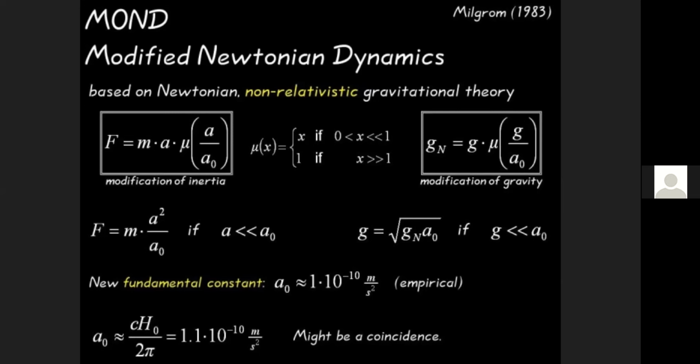So what modified Newtonian dynamics ended up suggesting was, instead of gravity being modified by big distances, instead it ends up being modified when the gravitational field gets very, very low strength. So they're saying that when the gravitational field is very, very weak, it ends up weakening with distance more slowly than we would expect.